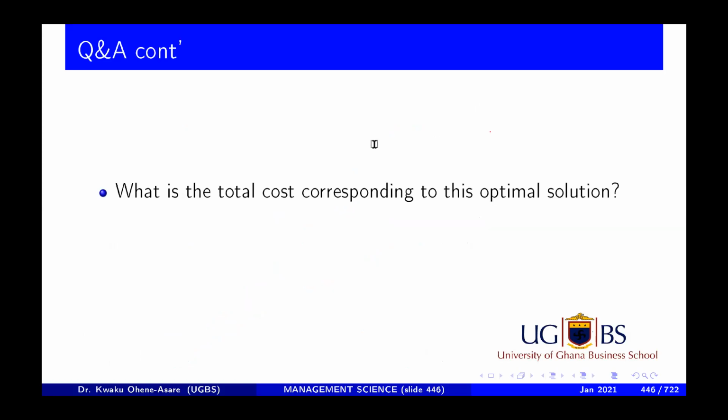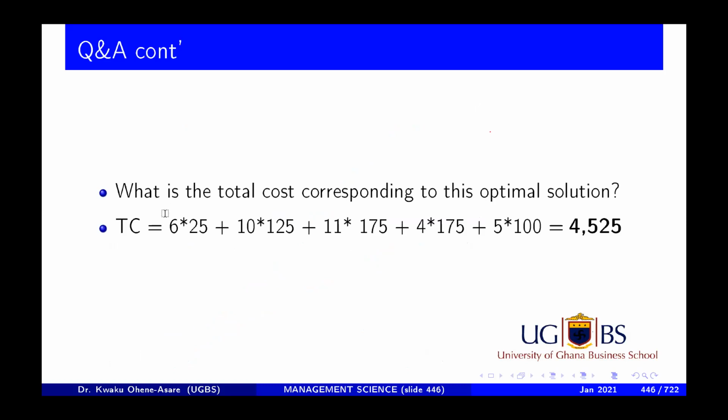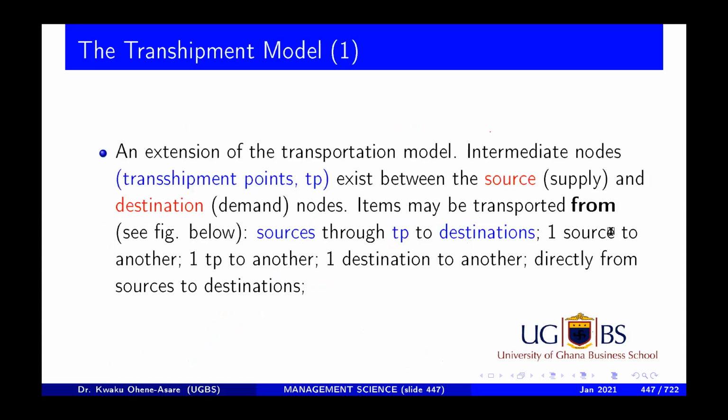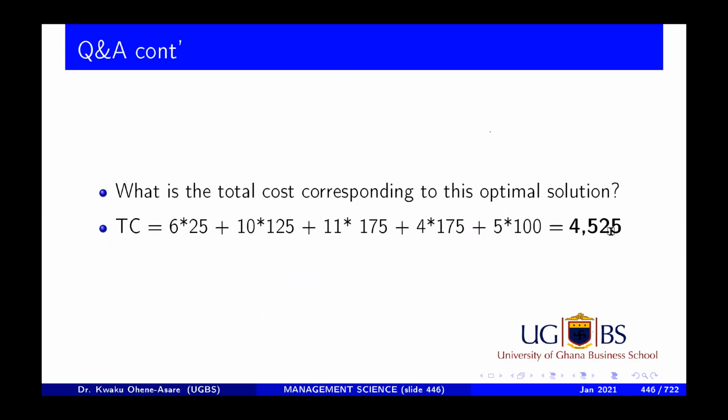And the total cost, you substitute them, and you get a total cost of $4,525. So that is how you go through. This substitution is just like the normal linear programming where you substitute the decision variables into the objective function. And once you do that, that will solve your transport problem.